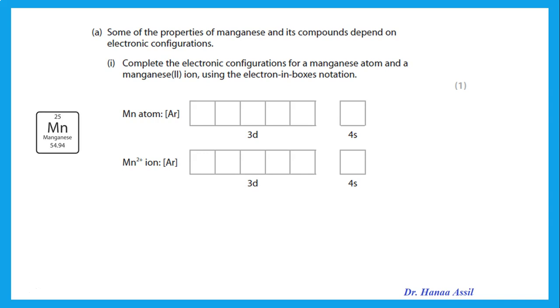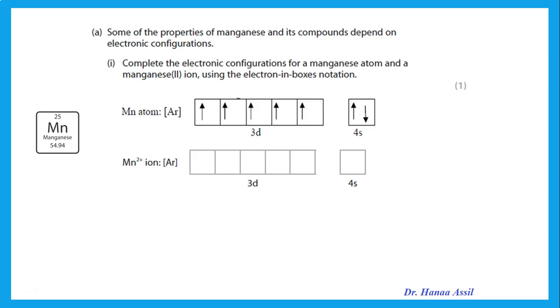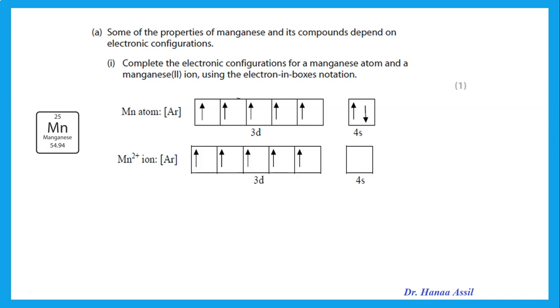Manganese has atomic number 25, and that means argon, which is 18, and I'm left with 4s2 3d5. That is the atom. When we form the 2+ ion, we remove the electrons from the 4s first, so I am left with this electron in boxes notation.